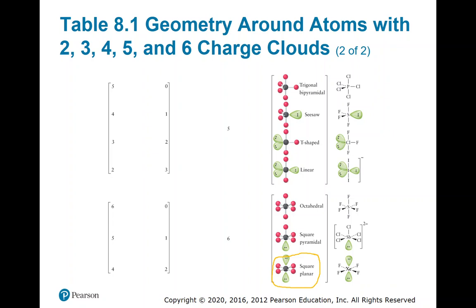And likewise, if we go up to our 5 charge cloud example here, a linear molecule, for reasons that are fairly obvious, is also going to be nonpolar if we have all the same atom attached to our central atom. Otherwise, if you have lone pairs on the central atom, it's probably going to be a polar molecule. And if you have no lone pairs, as long as all the atoms on the outside are the same, it's probably going to be a nonpolar molecule.